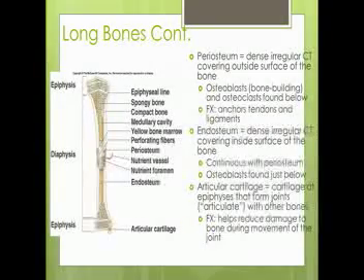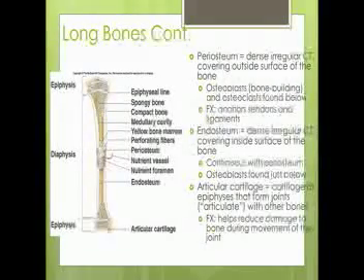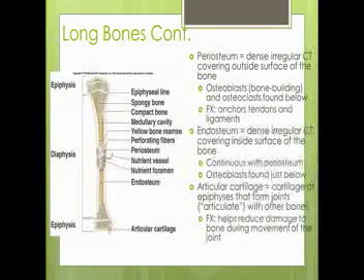Now we also have some connective tissue coverings that are associated with long bones. The first is going to be something called periosteum. Periosteum is made up of dense, irregular connective tissue, and it covers the outside portion of long bones. It also contains something called osteoblasts. These are bone-building cells.